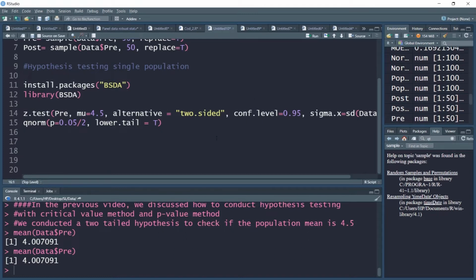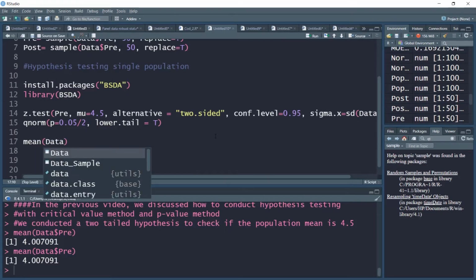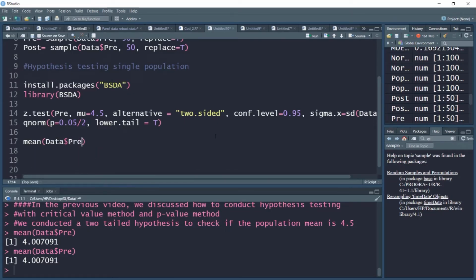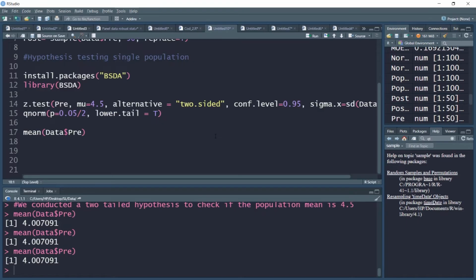In fact, we could have easily verified our results by running this mean command on our original pre-variable, data$pre, to see that the mean is 4.00, which indicates that our inference from the hypothesis testing that the mean is not equal to 4.5 was indeed correct.